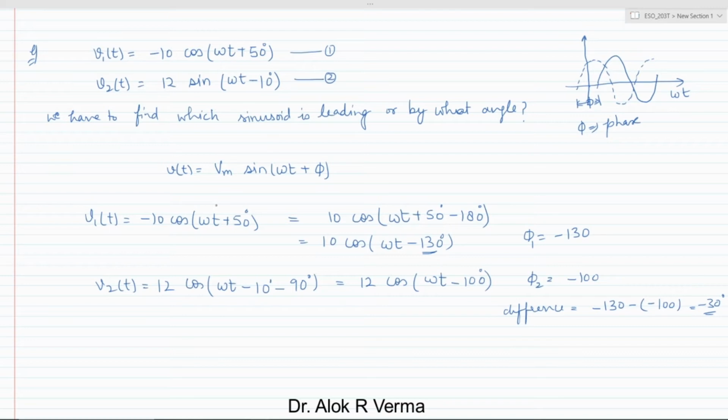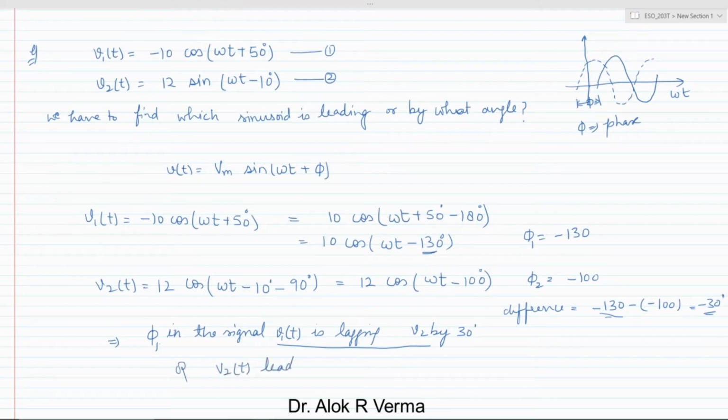Now we can interpret this phase difference as lagging, because it is minus 30. So basically V1 is lagging V2 by 30 degrees, or we can say that V2 leads V1 by 30 degrees.